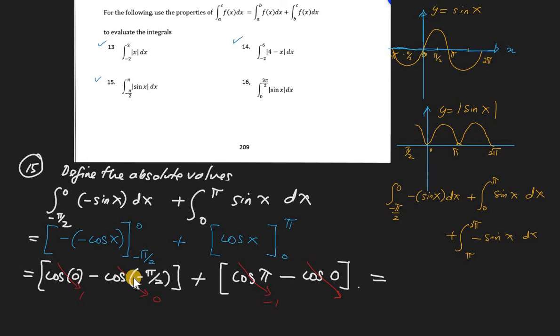Cosine 0 is 1, cosine negative pi on 2 is 0, cosine pi is negative 1, cosine 0 is 1. Let's simplify our answer. So we have 1 minus 0 minus 1 minus 1.